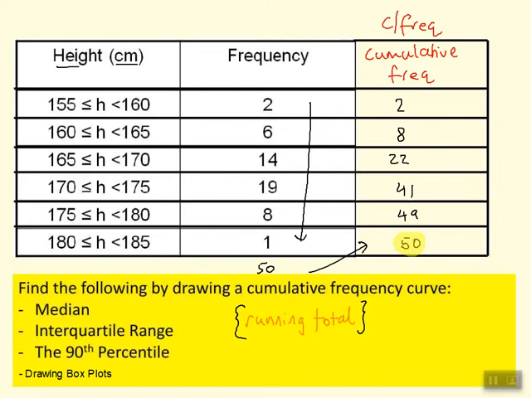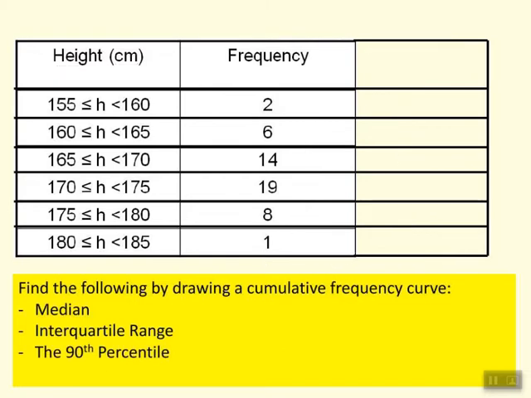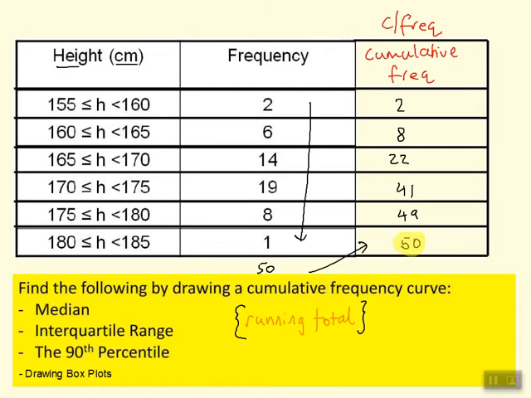So that's a good way to check, by seeing if the frequencies add up to that last number. That 50 should be the grand total, so that means we've got 50 people altogether. So this is your cumulative frequency values.